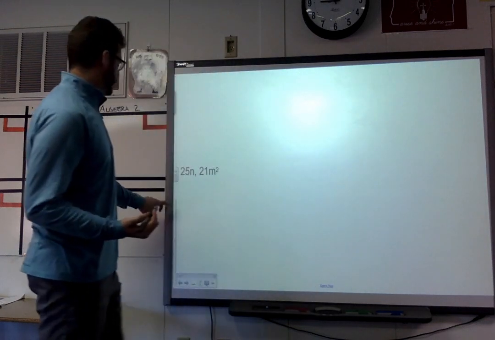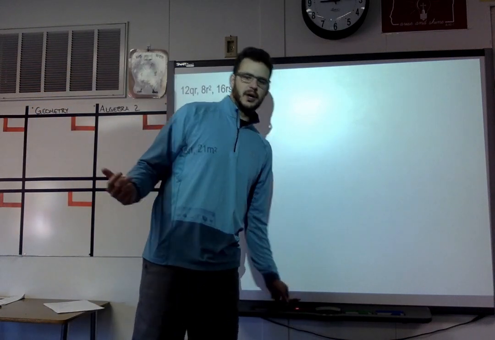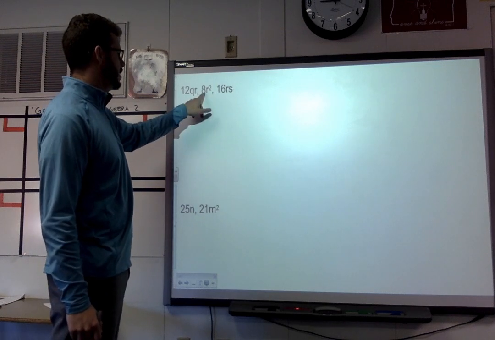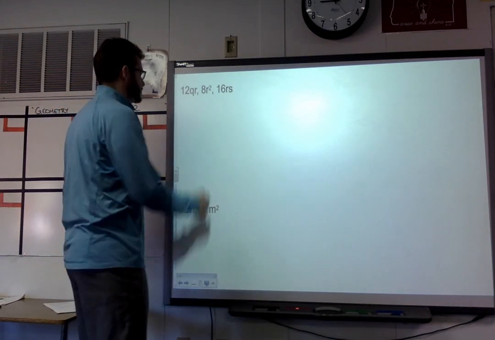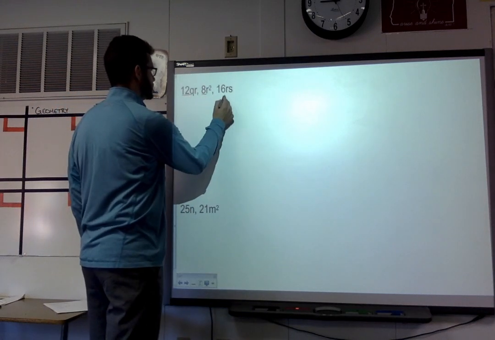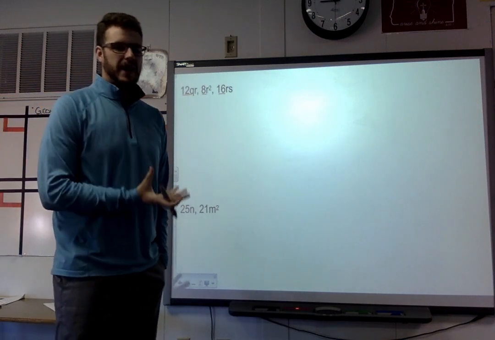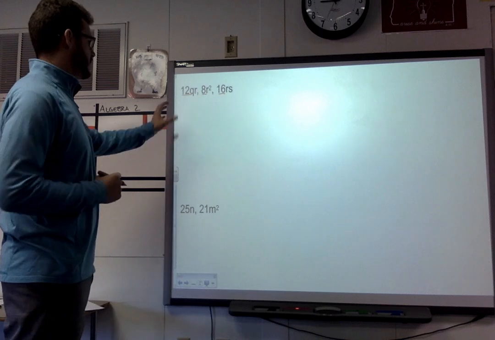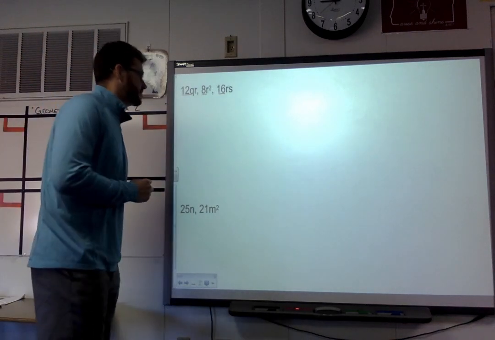Now, if you feel like you're pretty comfortable with this and you can take a little bit of a shortcut, if we've got these 3 here, 12qr, 8r squared, and 16rs, and you look at just the numbers, again, I don't really recommend this, but if you can do this, awesome. It's always good to go back and check your work just to make sure.